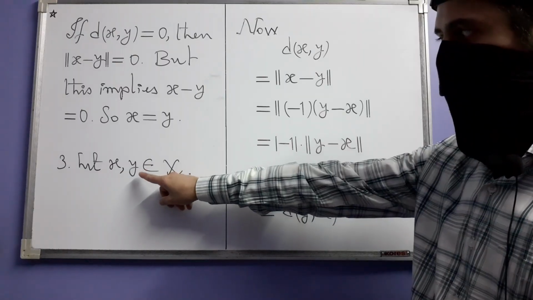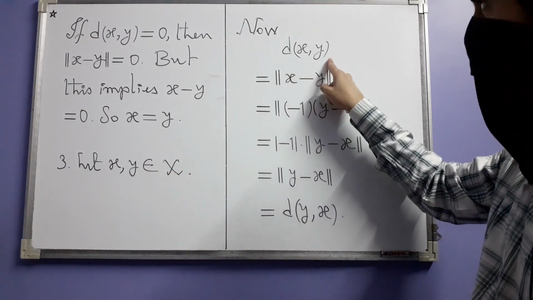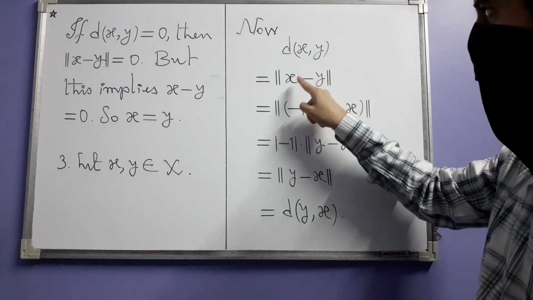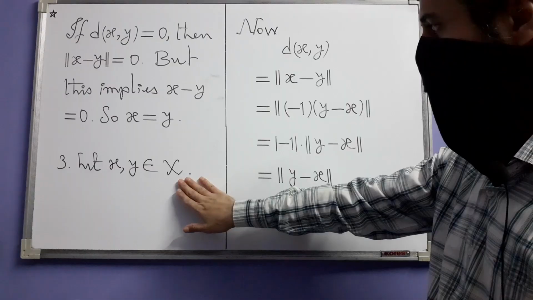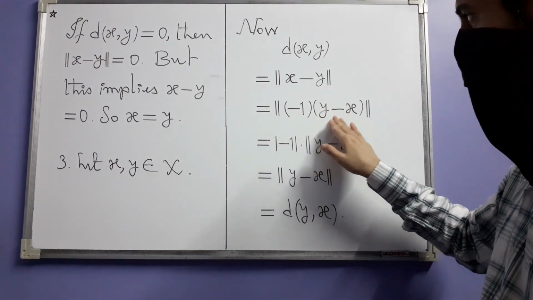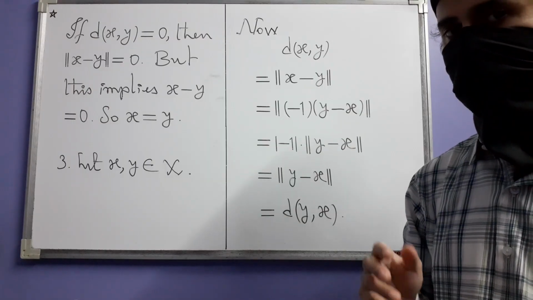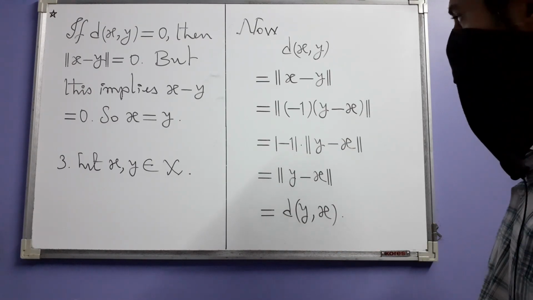Next, number 3. Again we take x and y in x and consider d of x comma y. By definition, that is norm of x minus y. Now in the vector space x, x minus y can also be written as minus 1 times y minus x. It follows from elementary properties of vector spaces, you already know.